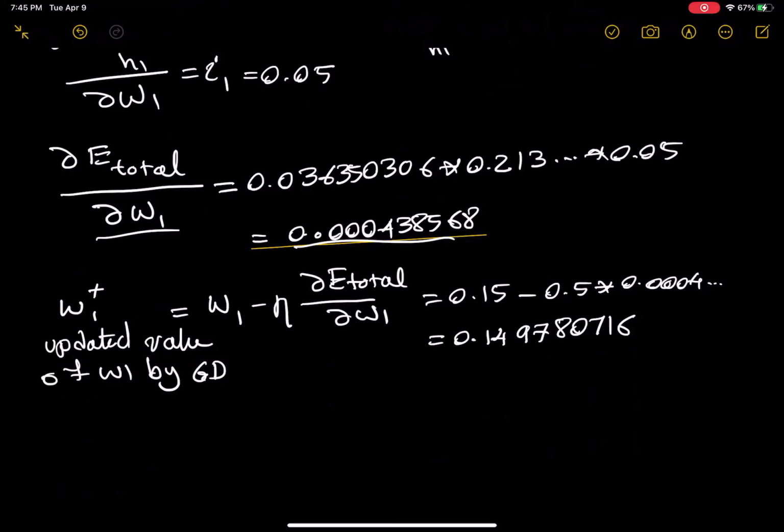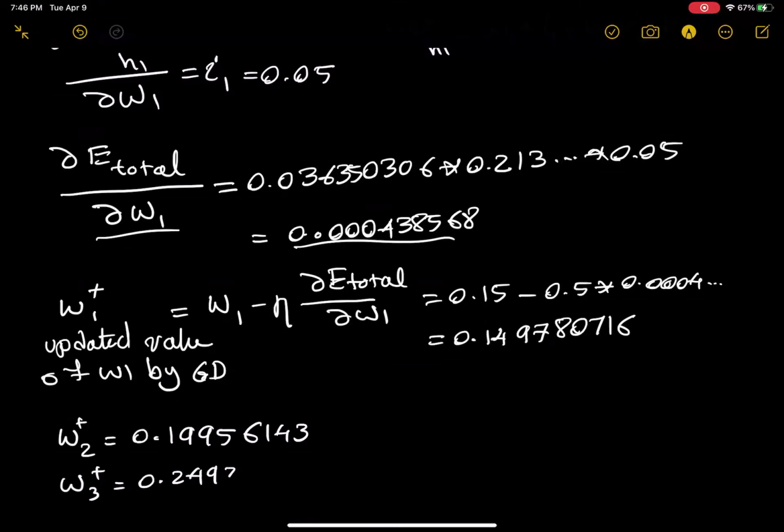So W2 plus is equal to 0.19956143. W3 plus is equal to 0.249751114. And W4 plus is equal to 0.29950229.